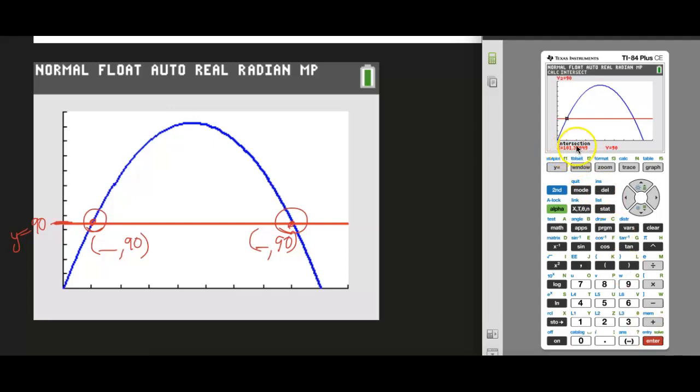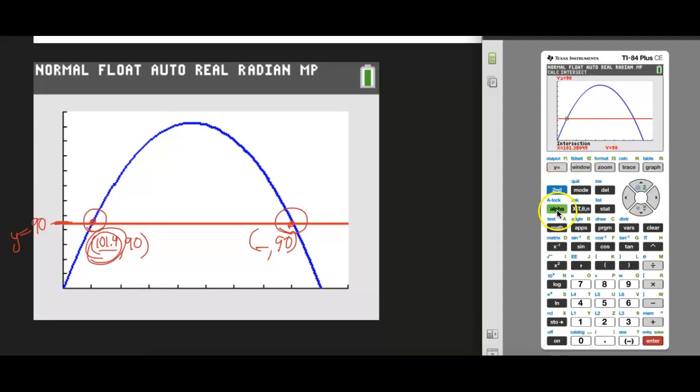And notice it's kind of small right here, but that intersection is 101.4. So that's part of that answer that we were looking for in the previous problem. If I need a little bit more accuracy, I can get that right here.